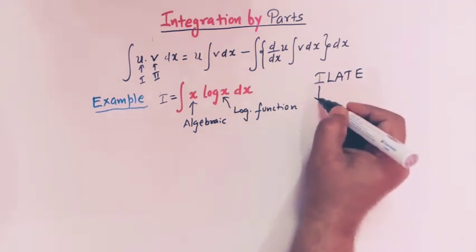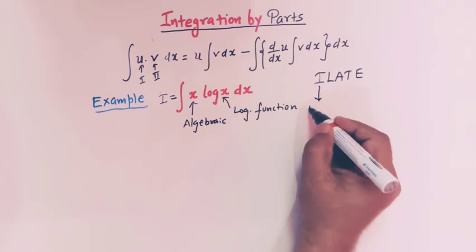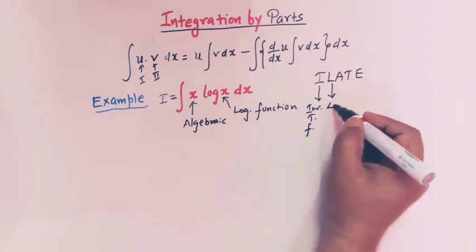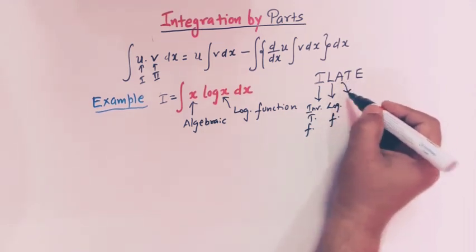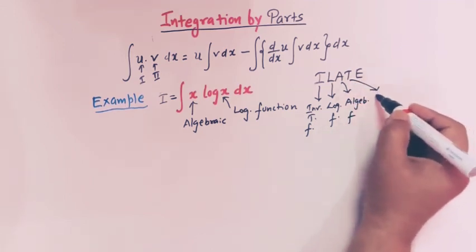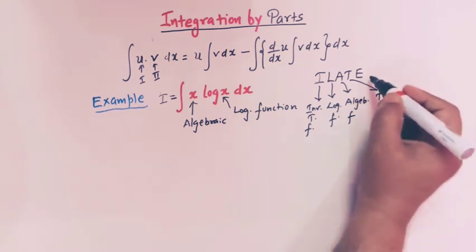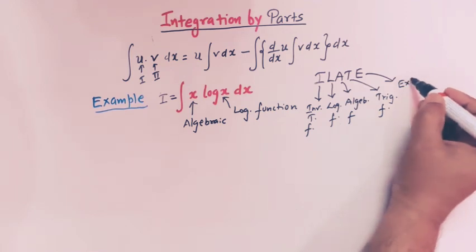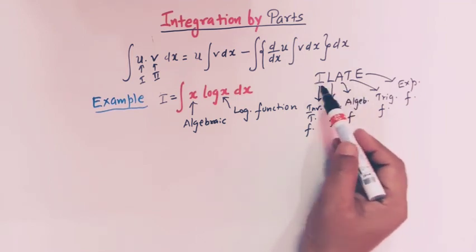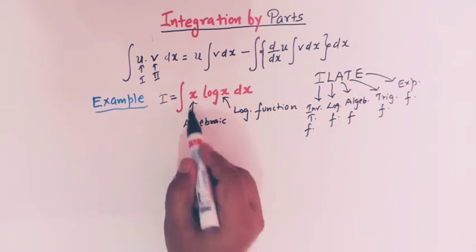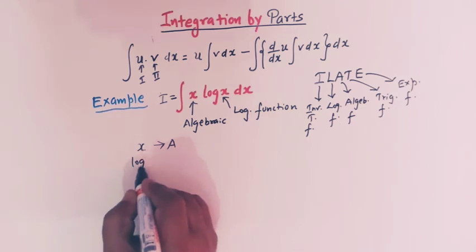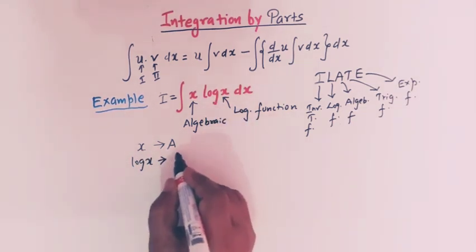ILATE. Here the letter I stands for inverse trigonometric function, right? And L stands for logarithmic function, A stands for algebraic function, T stands for trigonometric function, and E stands for the exponential function, right? So we'll take the order of these letters, and here x is the algebraic function and log x is the logarithmic function, right?